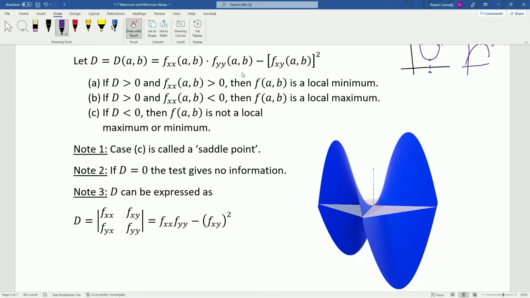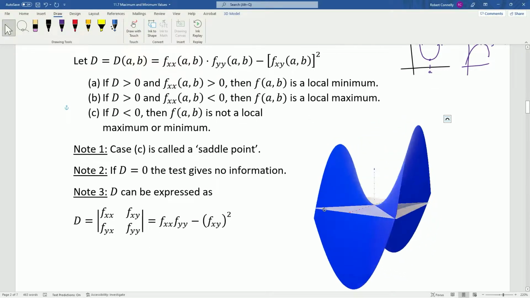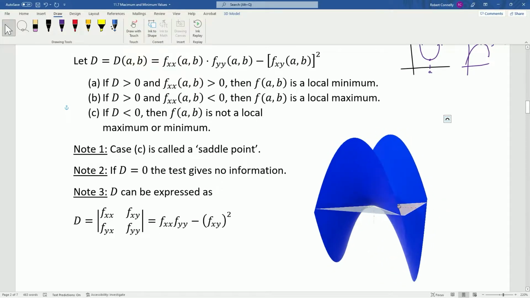So let's just take a look at this graph here. So when D is negative, so when either these don't match, the second partial derivatives for x and y, or this is just much larger values, so it makes the whole thing negative. So if you get that D is negative, then f of (a, b) is not a local maximum or minimum. And that looks like this situation here, which we call a saddle point, because it usually looks something like this.